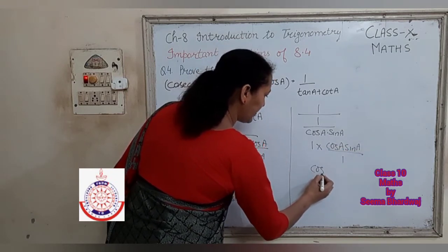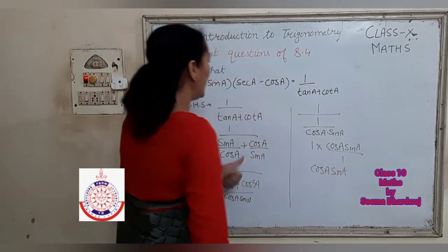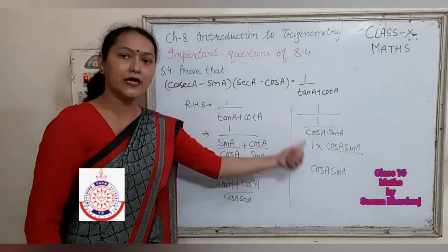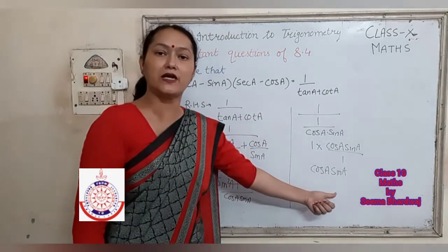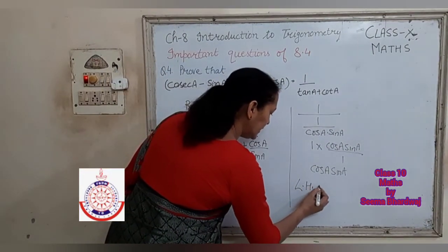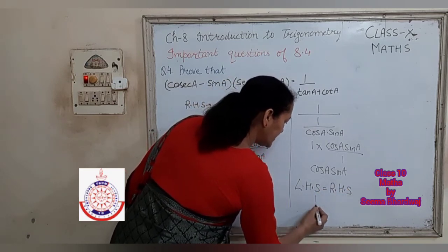So ultimately what we have got? We obtained cos A into sin A. Earlier when we solved left hand side, we got cos A into sin A. And here we have solved right hand side, again we have got cos A into sin A. So it means result of left hand side is same as right hand side and hence proved.